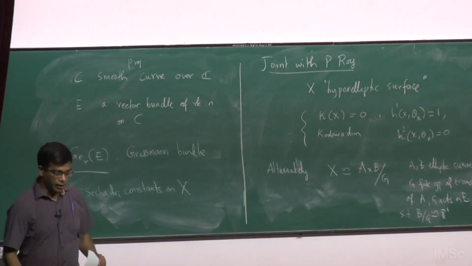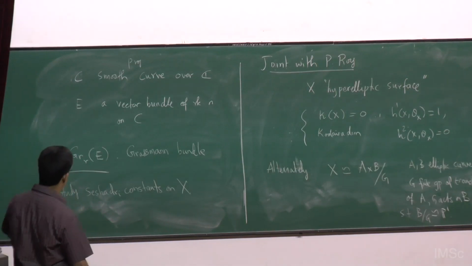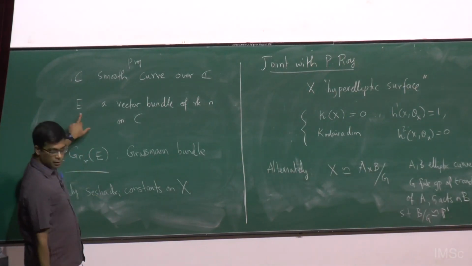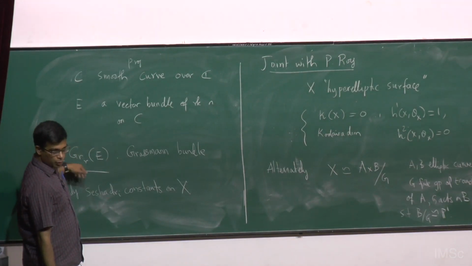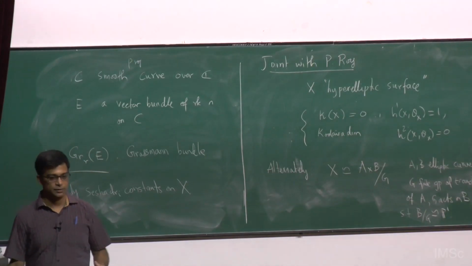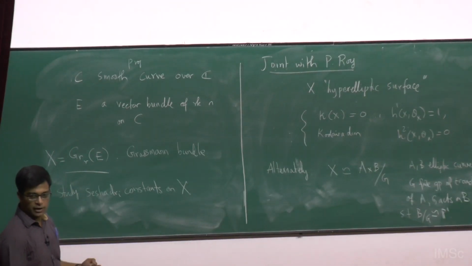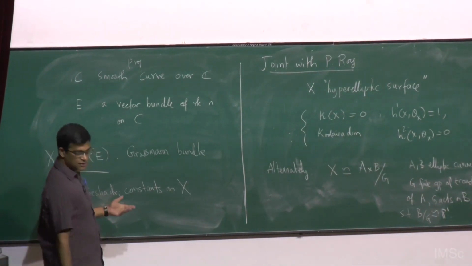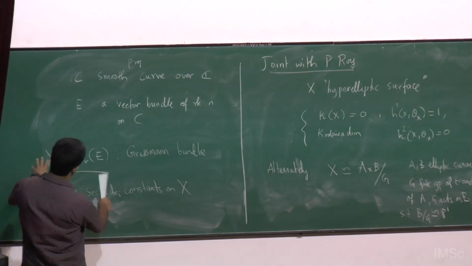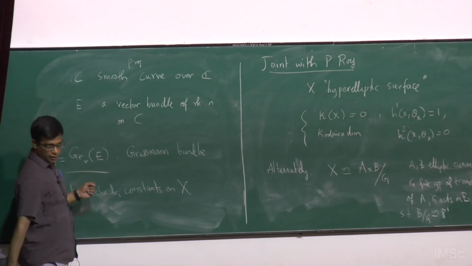Okay, so we want to study this on X, and the only situation where people have studied this is when you have a rank 2 vector bundle and you look at the projective bundle of it, giving you a ruled surface. So as I said, a lot of work has been done on surfaces. One of those is the case of ruled surface. So our setup includes that.